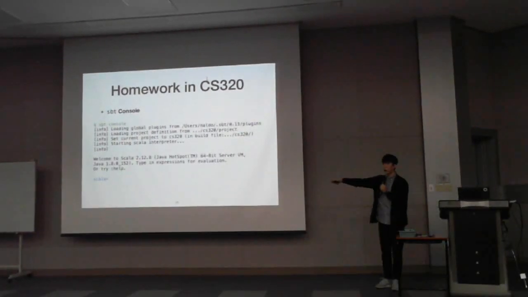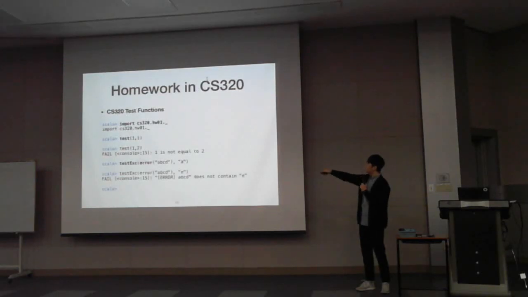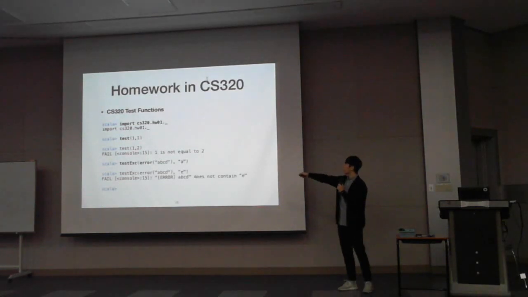So this is how to compile and test your code and import your homework directory. In this case, it's homework 1, so you type HW01 here. We provide several helper functions. Test is a test of equality between two arguments.